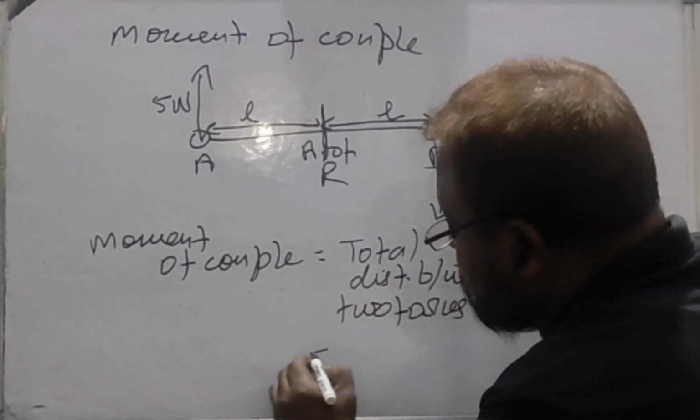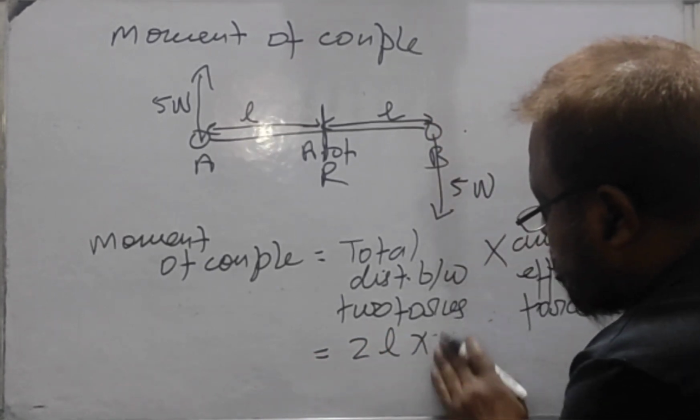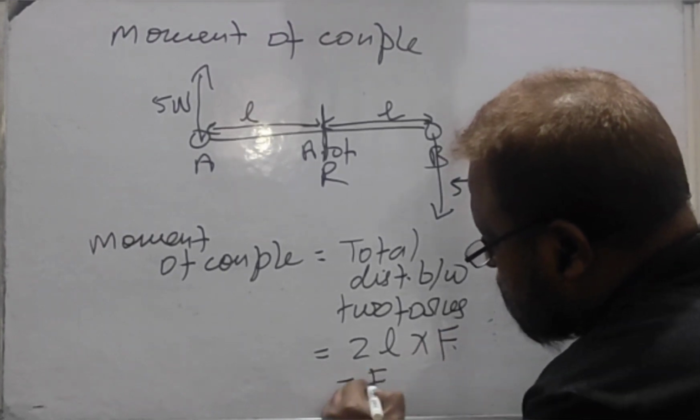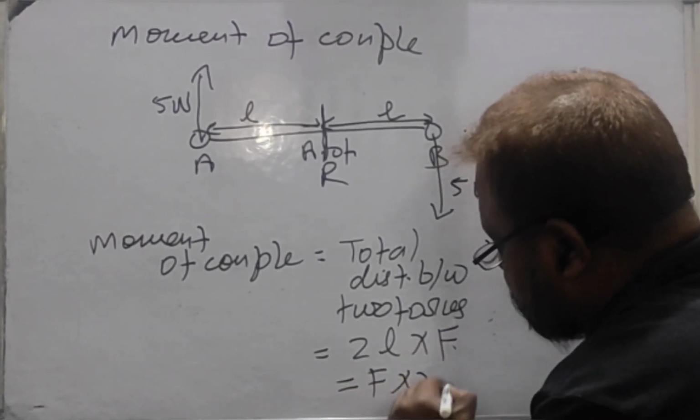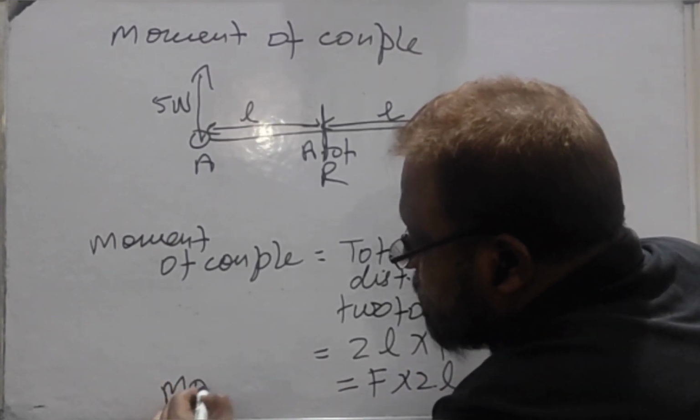So this is equal to 2L into F, right? Moment of couple is F into 2L. Is this written in your book?